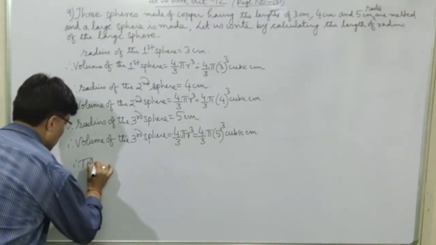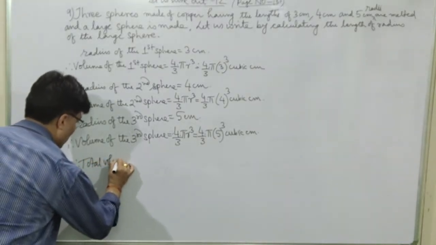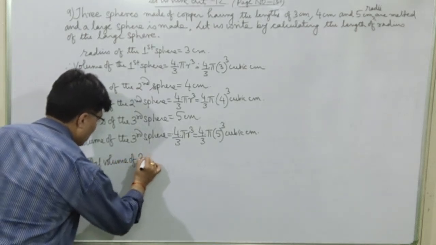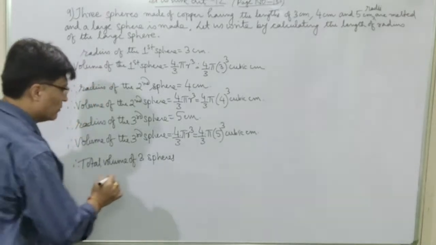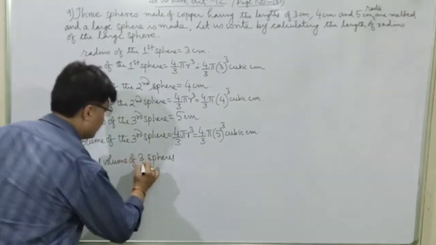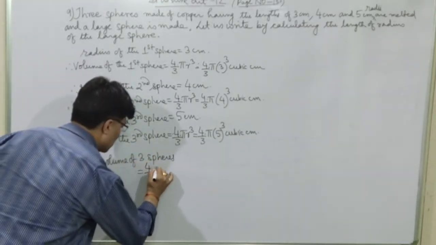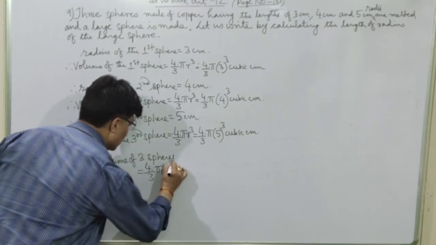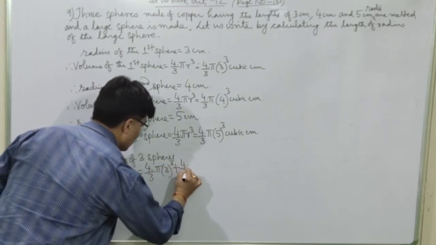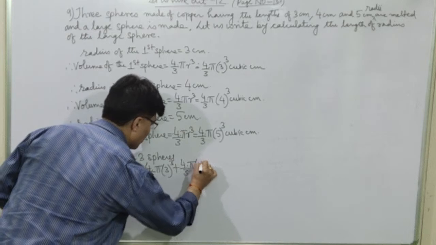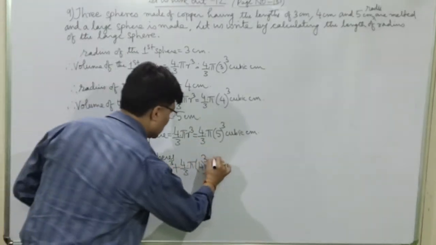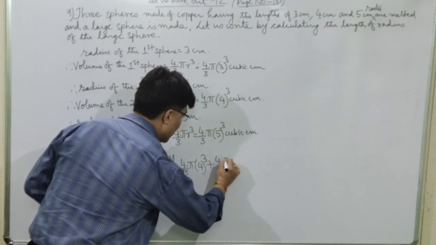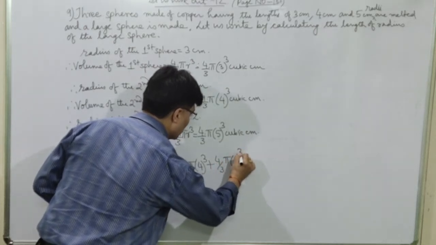So total volume of 3 spheres is equal to, let us add them. This is 4/3 pi 3 whole cube plus 4/3 pi 4 whole cube plus 4/3 pi 5 whole cube.